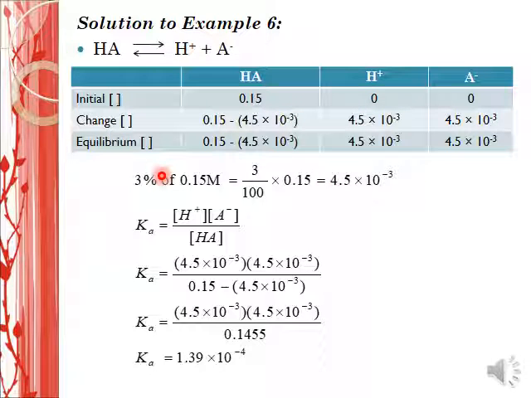So you play around with that formula, and you should be able to find the H plus at equilibrium. In this case, it's 4.5 times 10 negative 3 molar. Substitute this into the Ka expression here. We know the original concentration and we have solved H plus, so we can solve Ka. In this case, 1.39 times 10 to the power of negative 4.